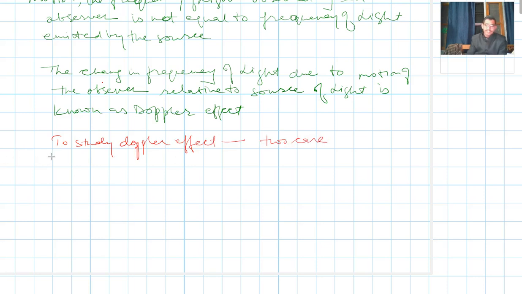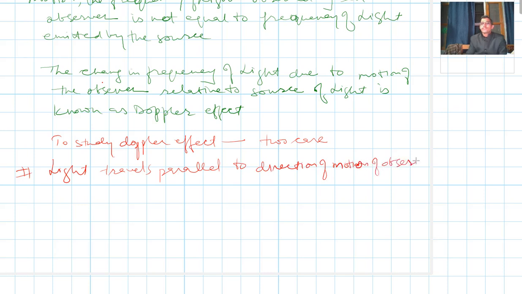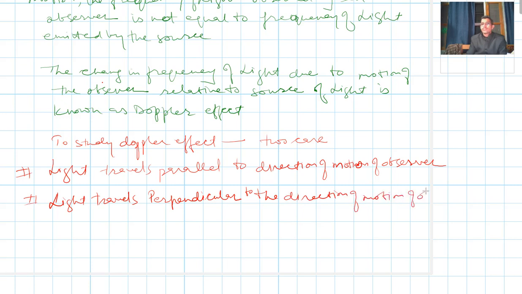First case is that light travels parallel to the direction of motion of the observer, and another is that light travels perpendicular to the direction of motion of the observer.